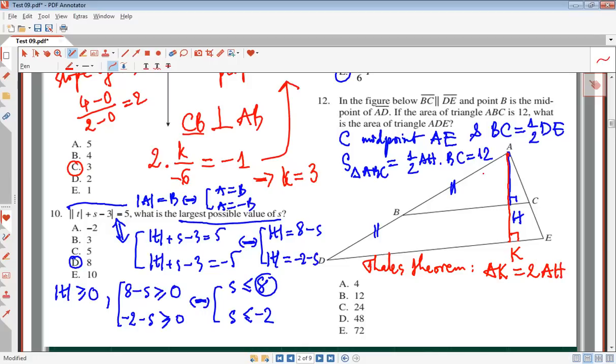With the same ratio, if we take AB over AD, now we can calculate the area of triangle ADE. The area of triangle ADE equals 1 second AK, the height, times the base DE.